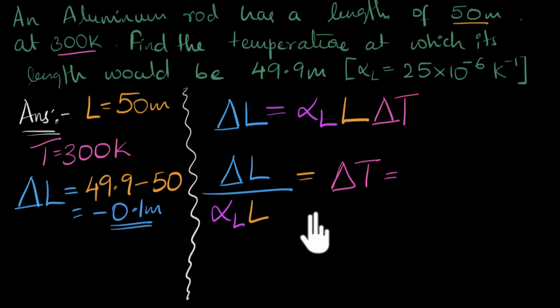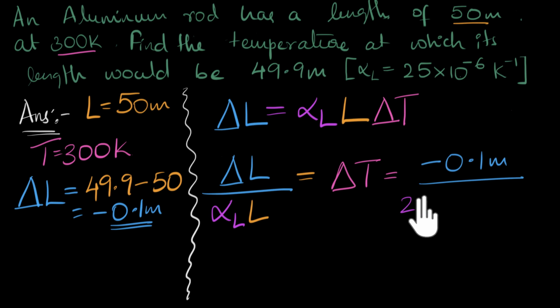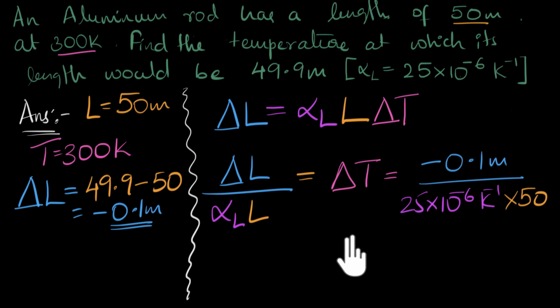And now we can just substitute. Delta L is minus 0.1 meters, divided by alpha L, which is 25 times 10 to the minus 6 Kelvin inverse, times L, and L is 50. Alright, so let's just quickly solve this.